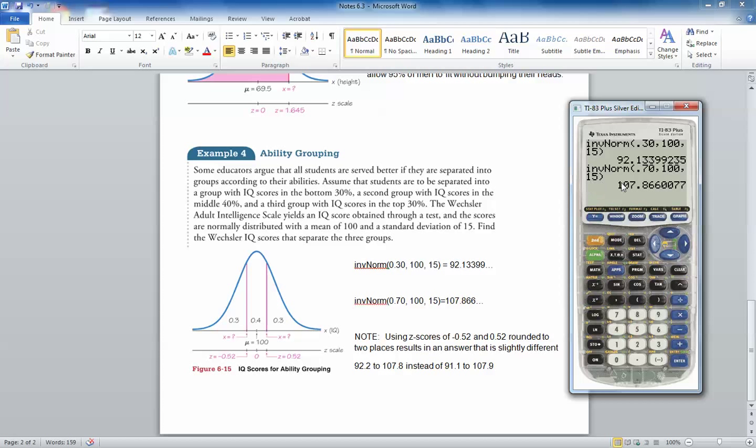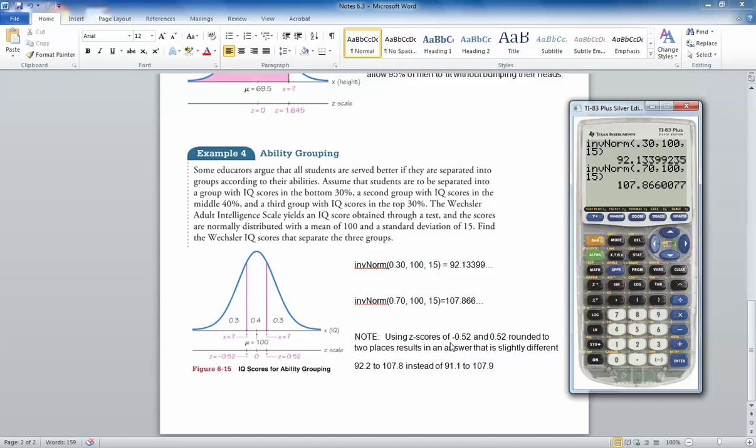Alright, so using the calculator is the most exact, but your textbook sometimes converts to z-scores first. So in this case, if they convert to a z-score of 0.52 on either side, and then use that to find the actual scores, there's a little rounding error.